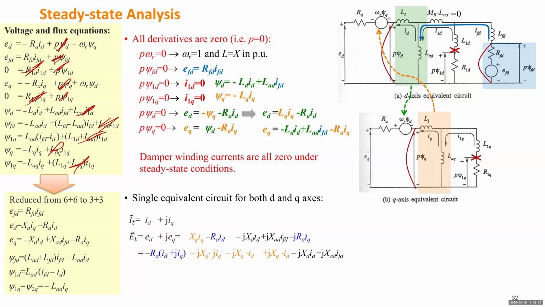So that is the internal voltage, or the EMF, of the generator model. We simply define everything here as the internal voltage, and that one is purely imaginary. Purely imaginary means it's in the Q axis. So that's why we define it as E_q.